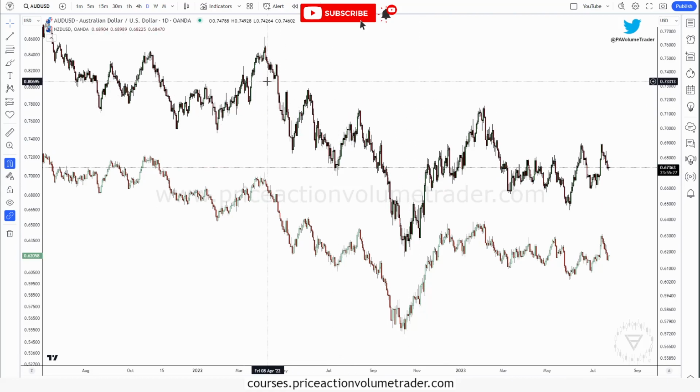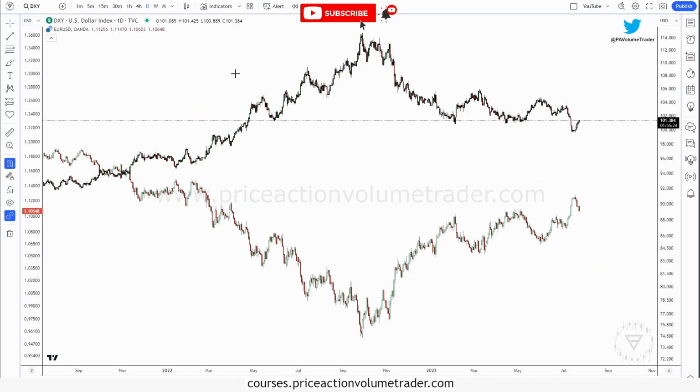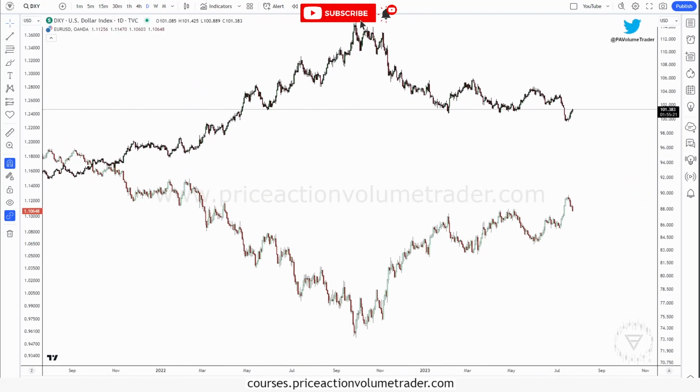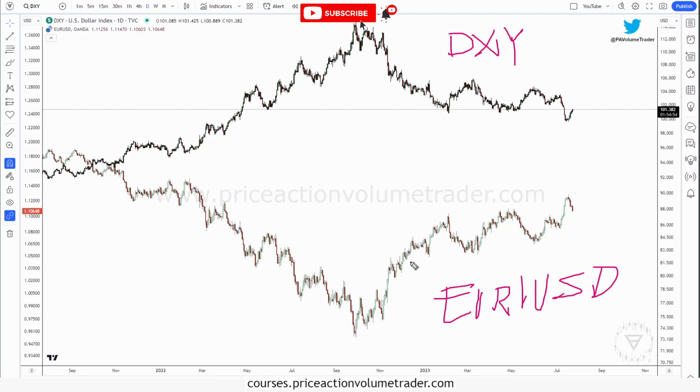Now let's look at some examples of inverse correlation. Right here on top we have the US dollar index, symbol DXY. If you're trading Forex, this is a very important instrument to track, as it measures pretty much the overall strength of the US dollar. So if we have the dollar index on top and Euro US dollar on the bottom, you can see how these markets are inverse.